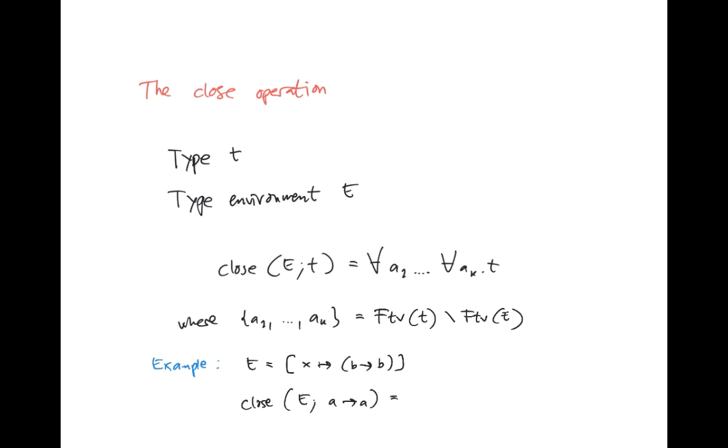Well, A is a free type variable in the type, and A is not mentioned in the environment, so if we close A to A, we get for all A, A to A. So that's the notion of closing the type. The idea is that whenever no assumptions are made about a type variable, it can refer to any type.